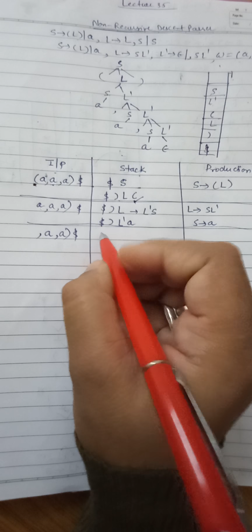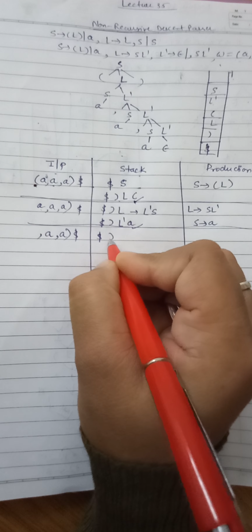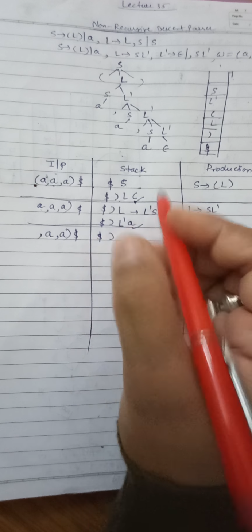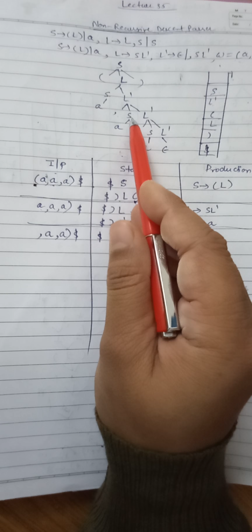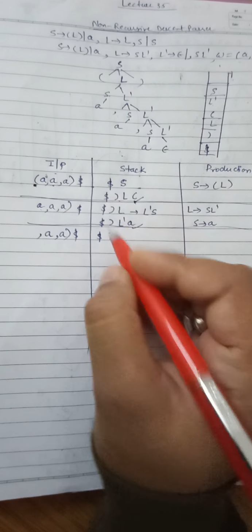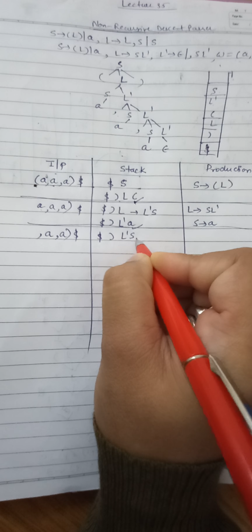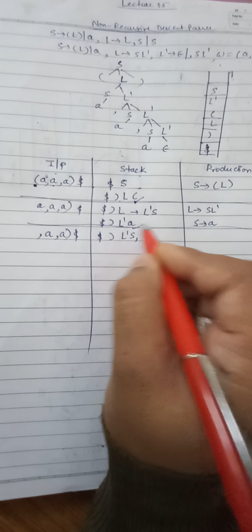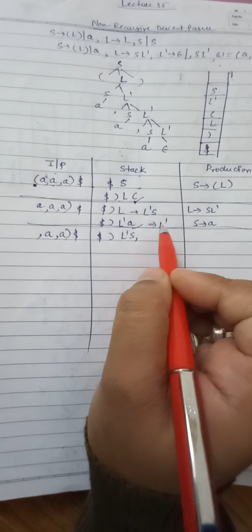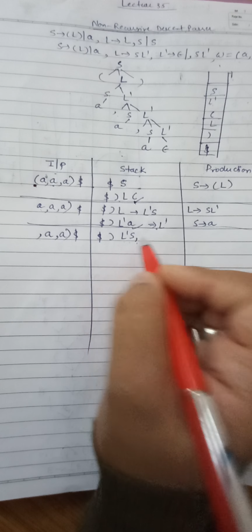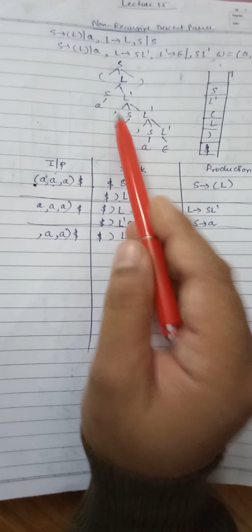After that, what production are we taking here, because A is over now? L dash tends to comma SL dash. So first will come L dash S comma, it will come like this. So we will write L dash S comma, because only L dash is left as A is over. From here it is clear, comma SL dash, so L dash S comma.